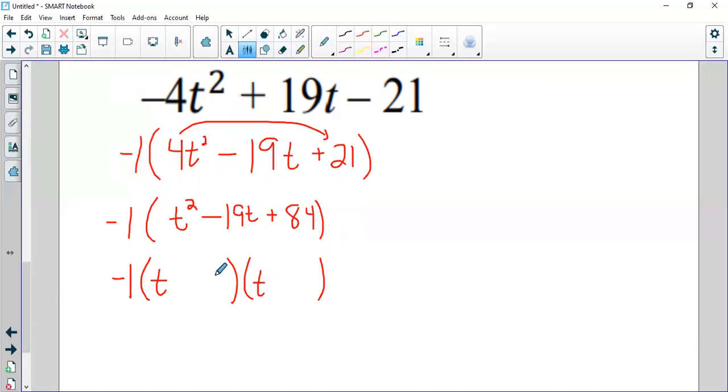I'll fill in my t's. My factors are 12 and 7. 12 times 7 is 84. 12 plus 7 is 19. Both signs are negatives in the parentheses. Now I got to finish up my slide, divide, slide. I did slide. Now I'll divide by that 4.